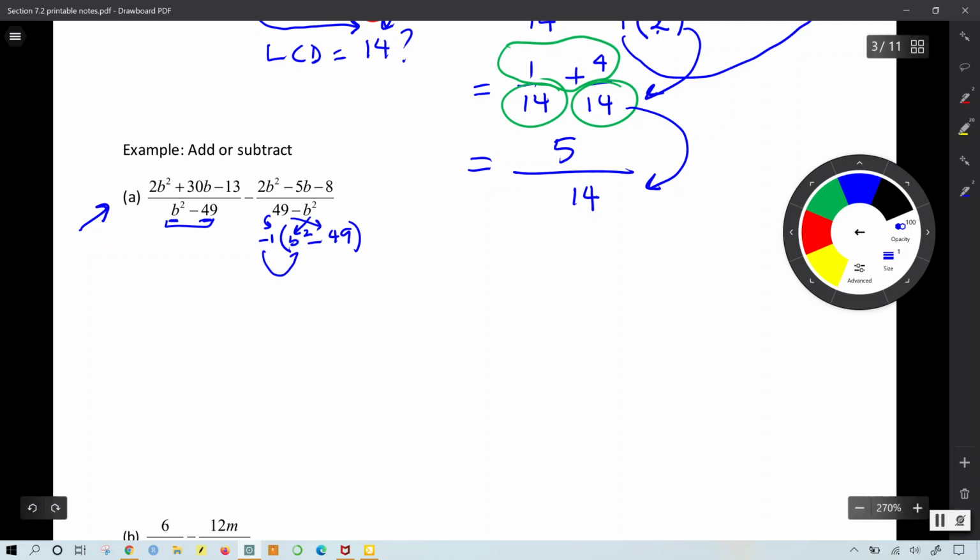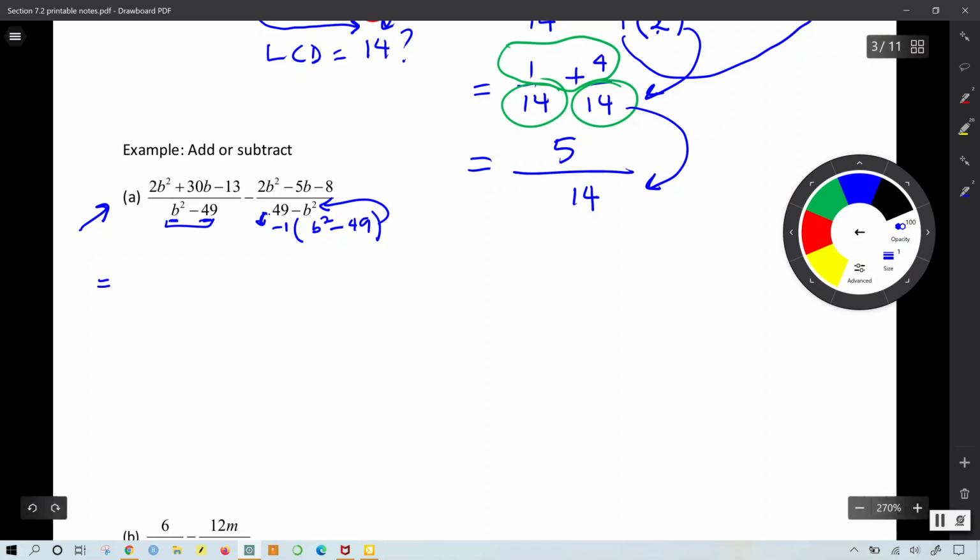Note that if you multiply negative 1 times b squared, you will get this back, and negative 1 times negative 49 is positive 49. But we're not going to do that. We're going to ensure, again, that we're trying to make both denominators the same. So if we can rewrite this part again as -1 times b squared minus 49, it will just be an alternative form of 49 minus b squared that will be more workable.